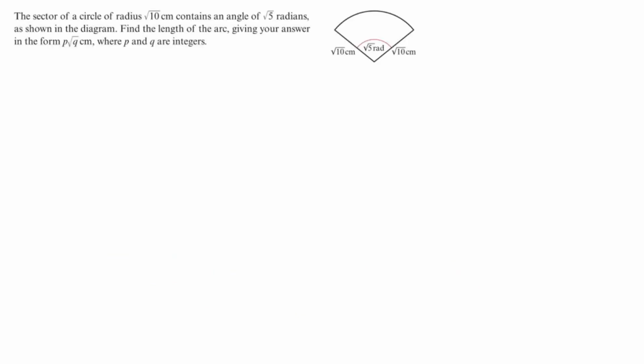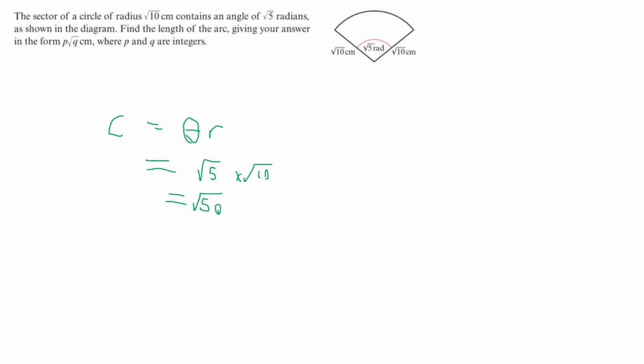Now let's take a look at that in real time. So, the sector of this circle has radius root 10 and angle of root 5. Find the length of the arc. Well, if we know that C is equal to theta times r, the circumference is just going to be root 5 times root 10, which is the same as root 50.